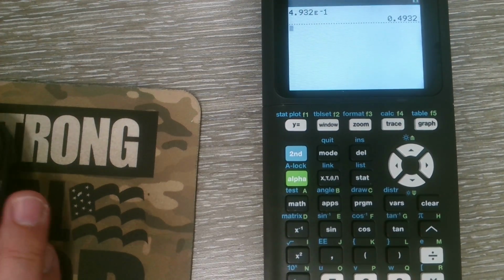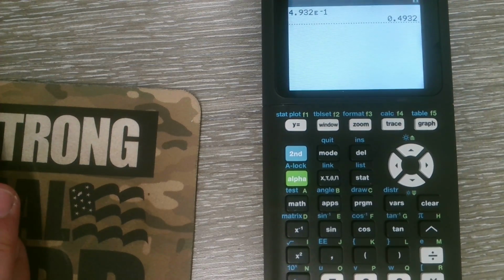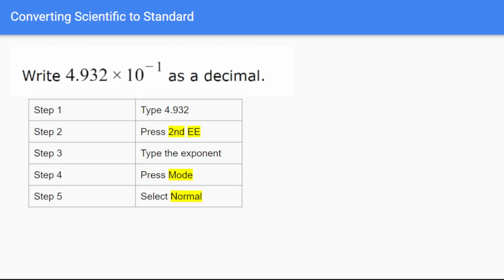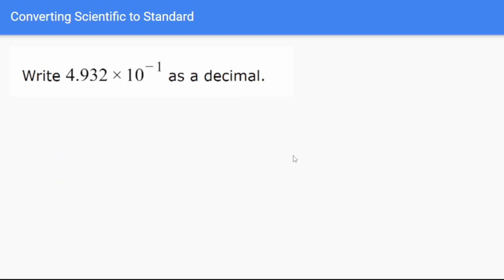If you notice, really, the decimal only moved one spot because of our exponent, negative 1.